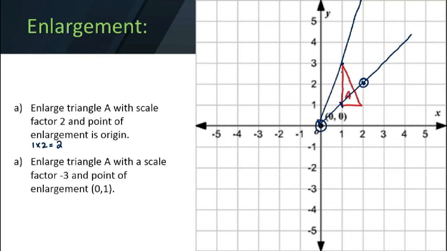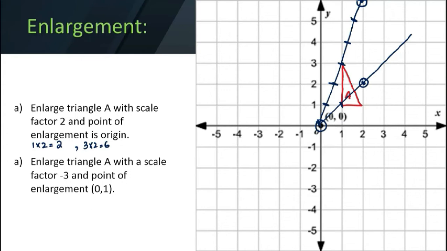Now if we check the distance of this object from the point of enlargement, this is 1, 2 and 3 boxes. Okay, 3 multiplied by 2 will be 6. Now we will mark 6 boxes and count the distance from point of enlargement. So here we have 1, 2, 3, 4, 5 and here we have 6. So this is the image.